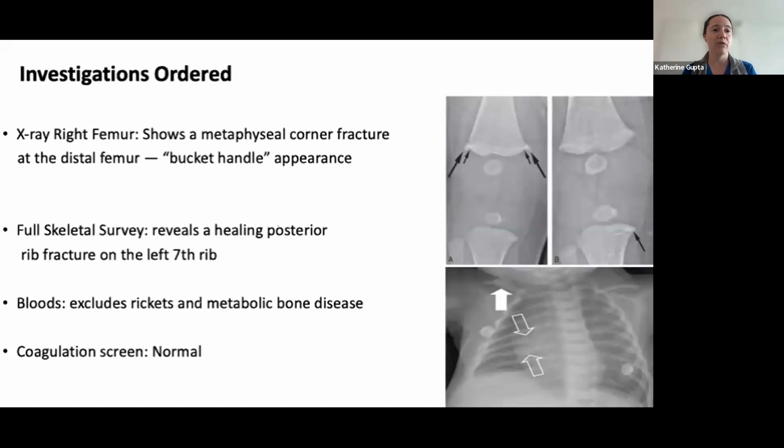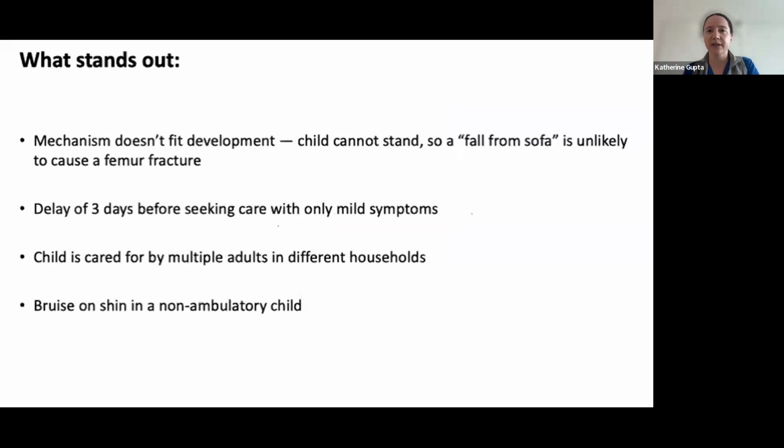And so you go ahead and you order the blood work investigations that you need. And really they come back pretty normal. So you do not think that the child has a metabolic bone disease or rickets. You get a coagulation screen to make sure that any of the bruising that you're seeing is not just due to a predisposition to bruise, and that looks normal.